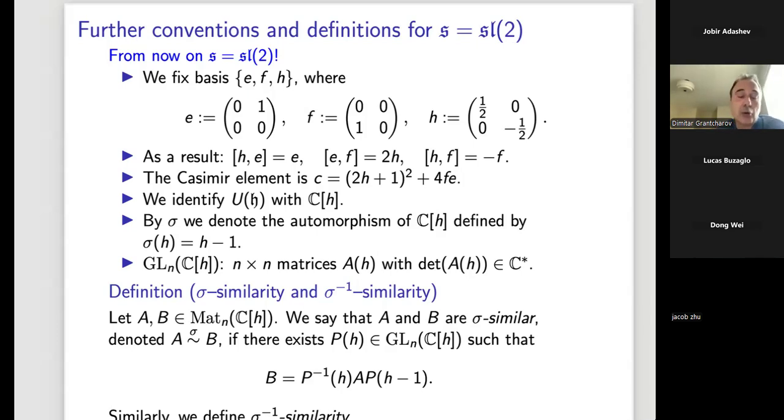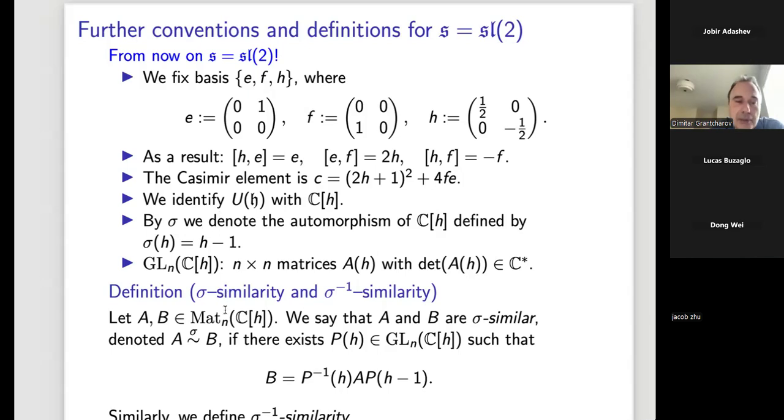We have Jordan canonical form, and every matrix is similar to a Jordan canonical form matrix. The whole point is that in SL2 representation theory, if we have H-free modules, the important notion is sigma similarity, and this leads to a lot of problems.